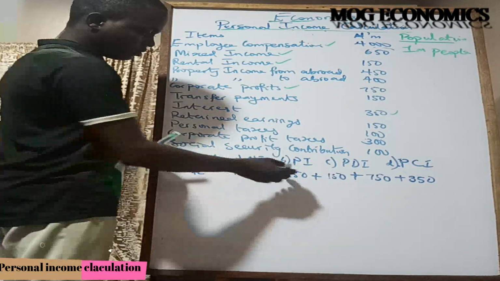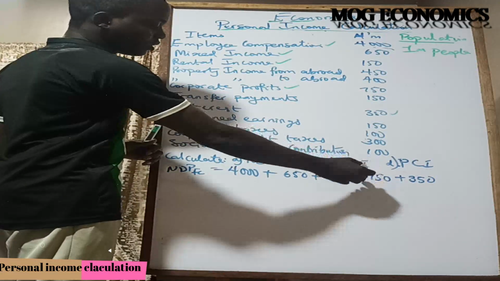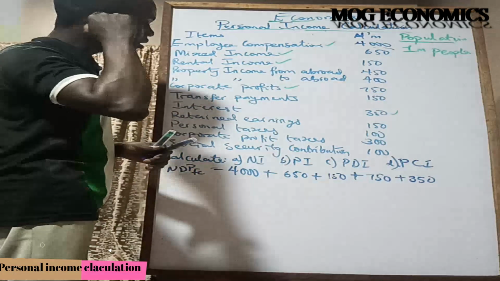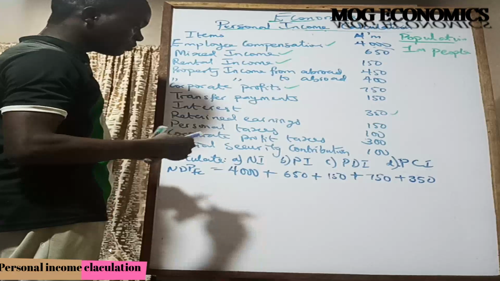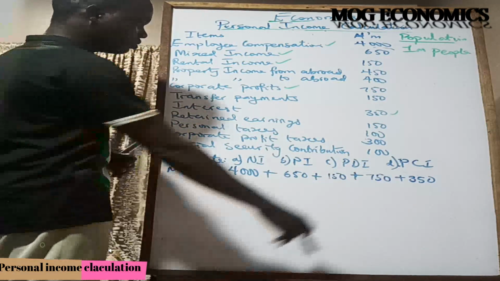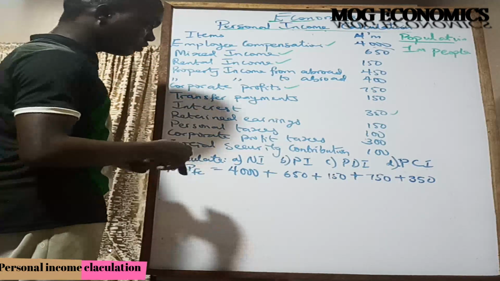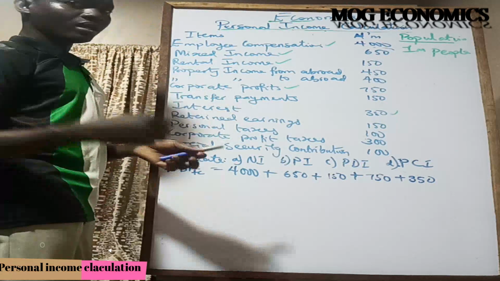Let me add it up. I got 6,001, but 650 plus 350 is 1,000, and 1,000 plus 4,000 is 5,000. How did I get 6,001?